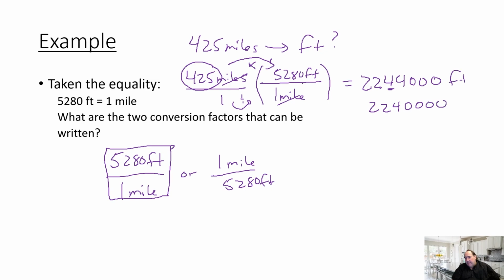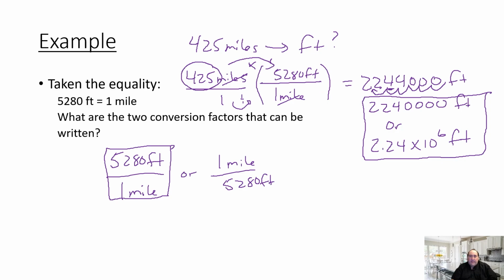We would want units of feet here. Or we could again use our scientific notation. 1, 2, 3, 4, 5, and 6 gives us 2.24 times 10 to the 6 feet. Once again, 3 significant figures really based off of our first number over here.